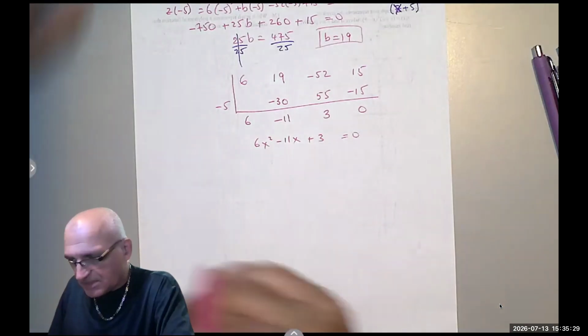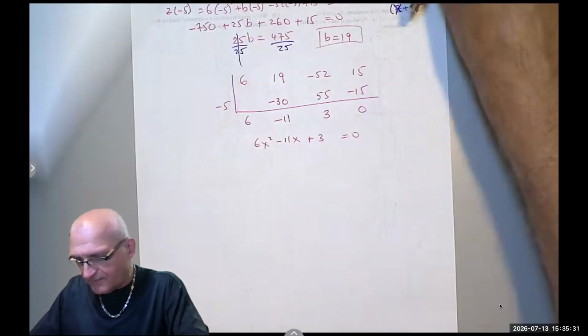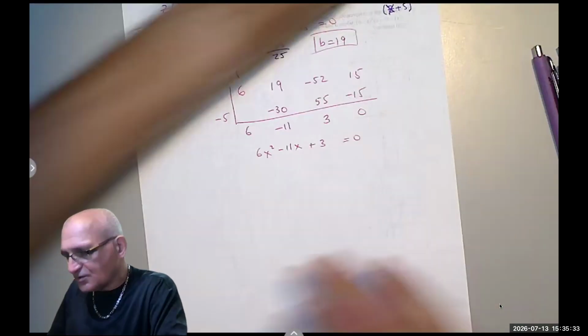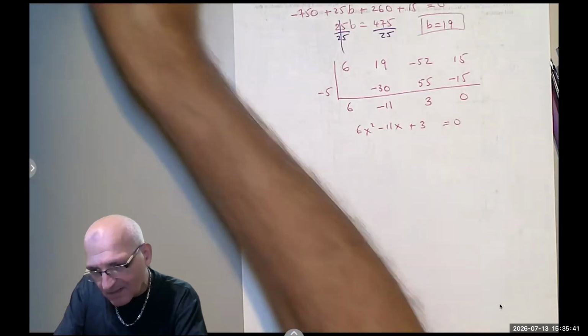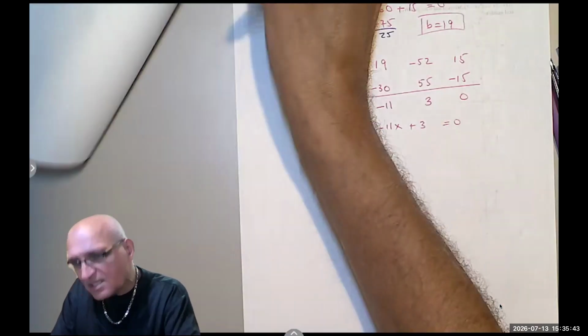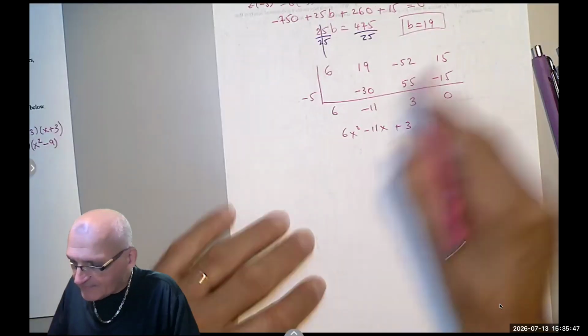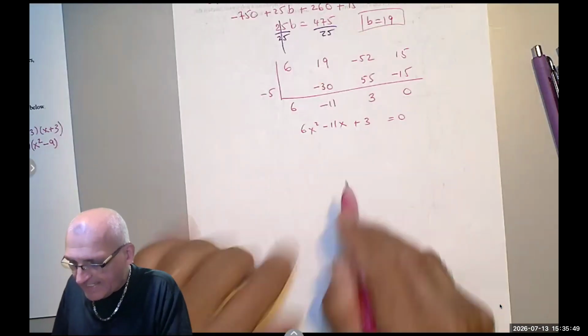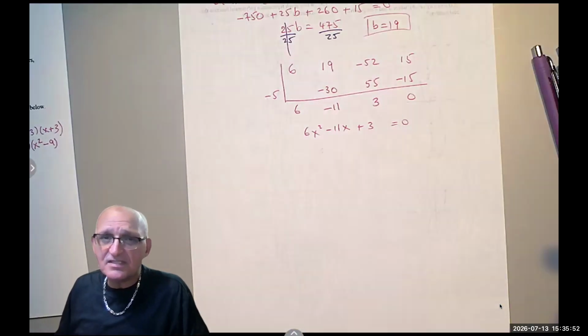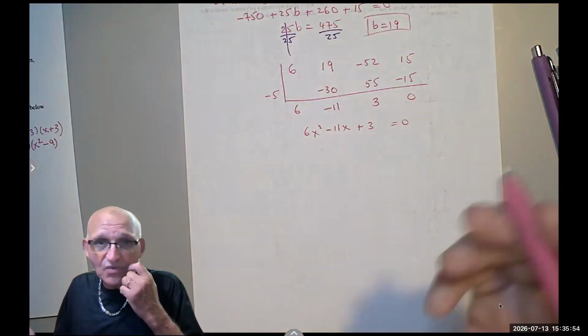So what was the problem? Did I ask for the factoring or the roots? Where is the third page? Oh, yeah. It says determine all the zeros. So they gave me one, which is negative 5, and now I have to find the other two. Now that's a quadratic equation. It's so easy.